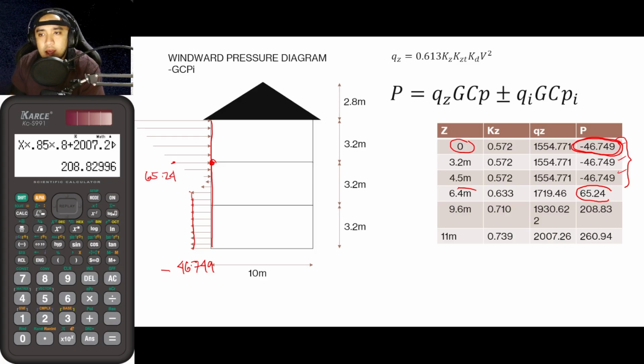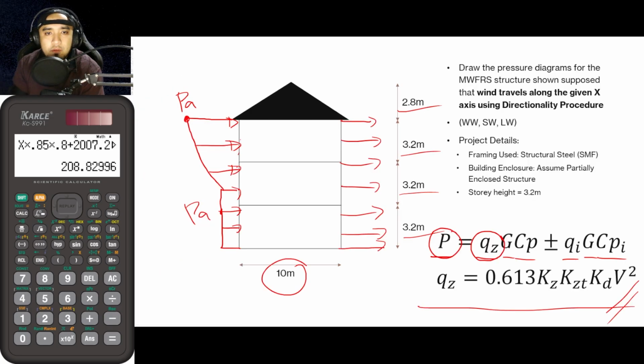Then at the height of 9.6 meters, this here is 208.83. Again, these values are in terms of pascals. If you're wondering, in my drawing a while ago for the sample pressure, it is like this. For this first part, it is pushing the building towards this direction.